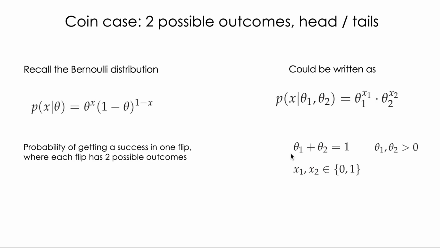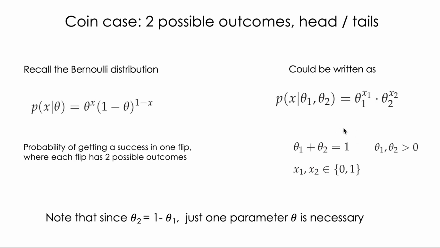But since theta 1 plus theta 2 must be equal to 1, for example, the probability of heads plus the probability of tails must be 1, then we know that at the end theta 2 is 1 minus theta 1. So we could use just one parameter, and with that we will know both. So we could write this equation this way or that way, and it will perfectly work. So let's stay with the second way for a while.